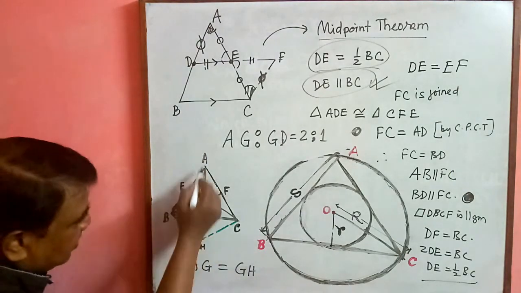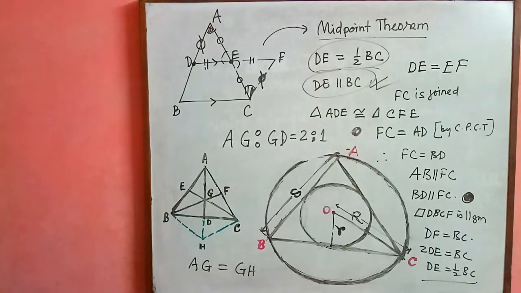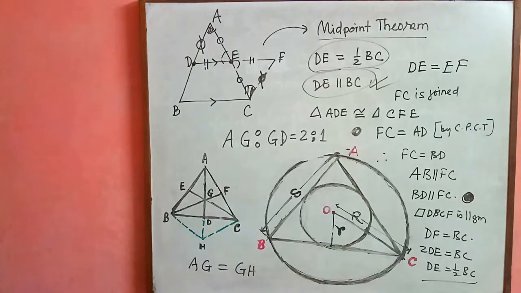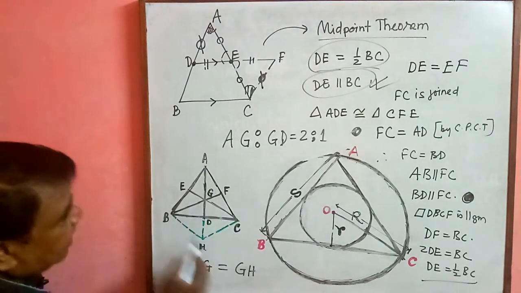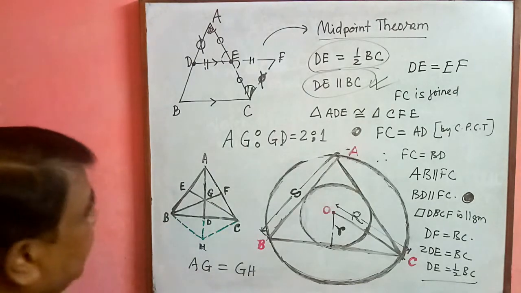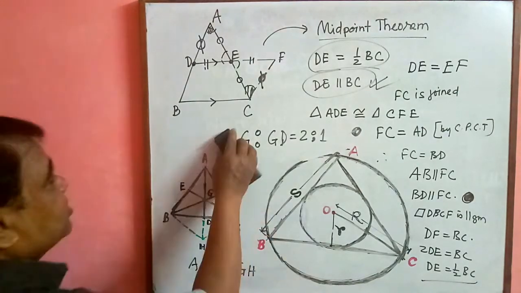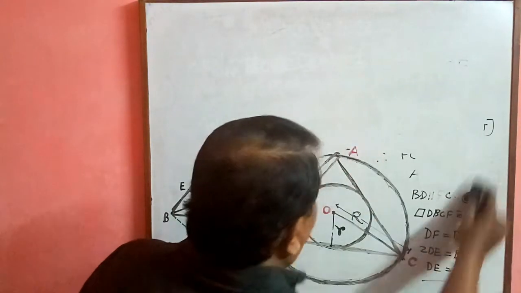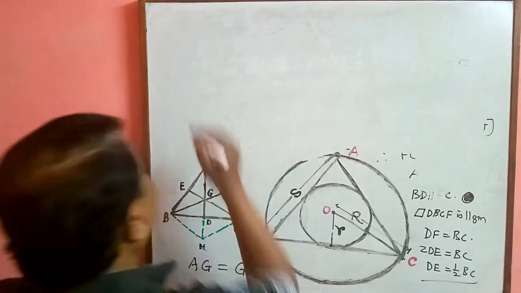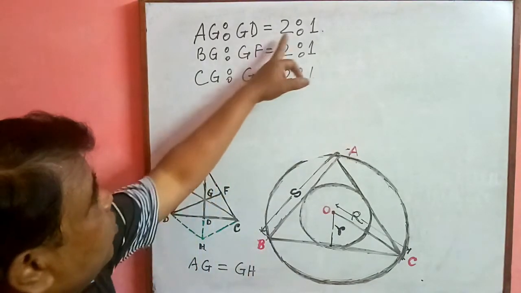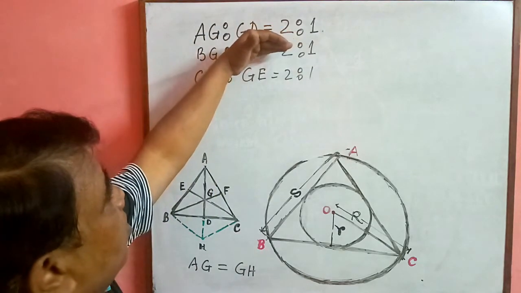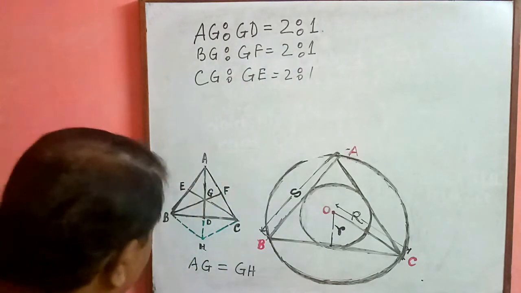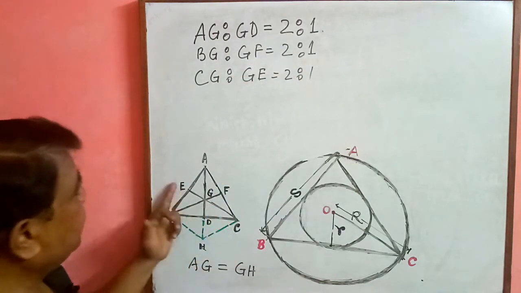And already CE is a median, so E is the midpoint of AB. So if I consider triangle ABH, now we have to prove AG is to GD is 2:1. That's what we are going to prove. Otherwise, BG is to GF is also 2:1, and CG is to GE is also 2:1.